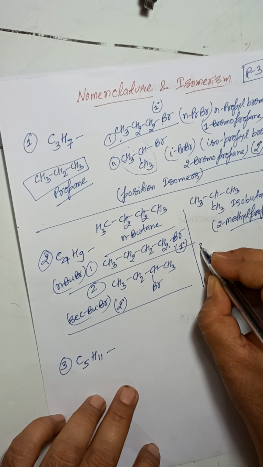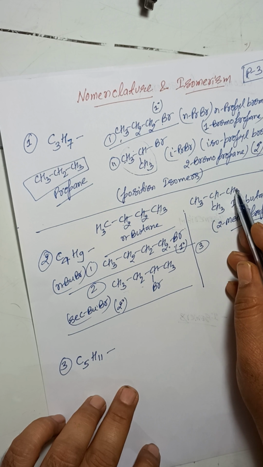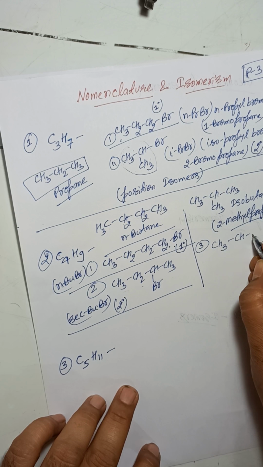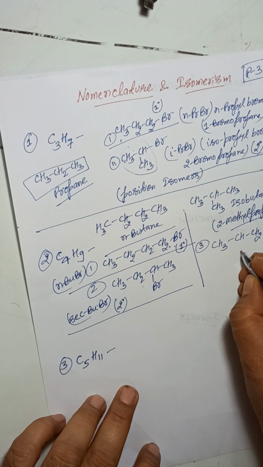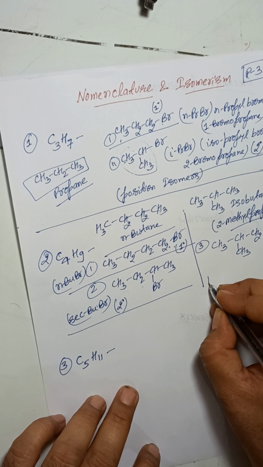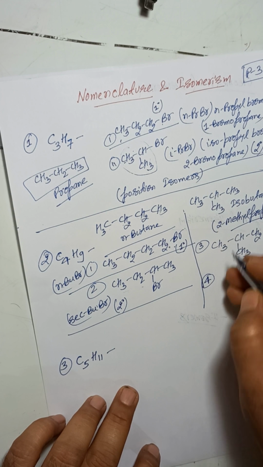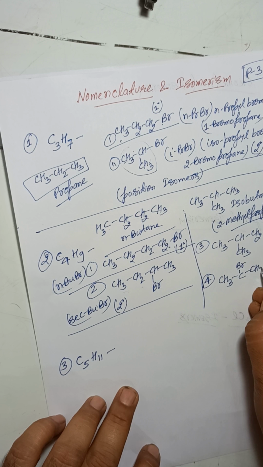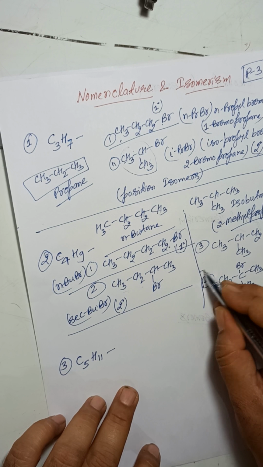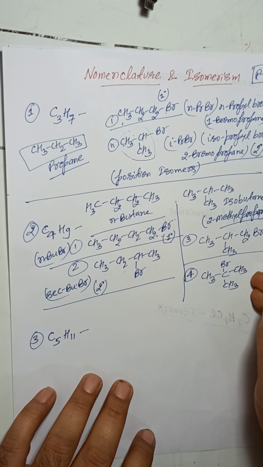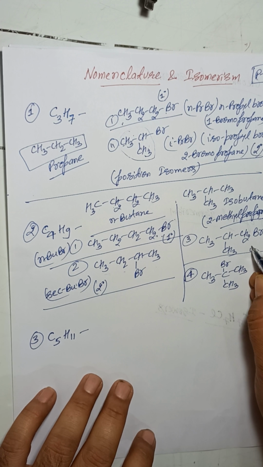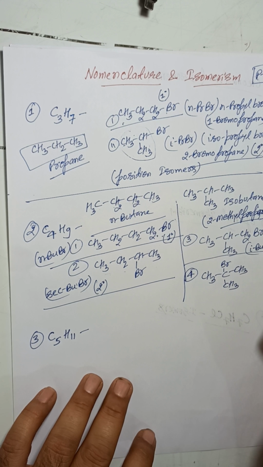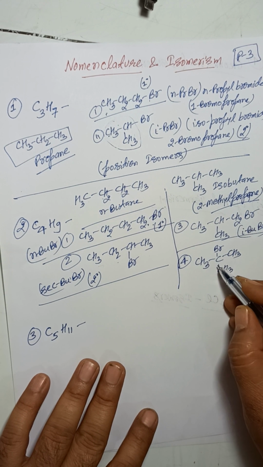Now we go for the third option. We can remove hydrogen from here. You can also remove hydrogen from this carbon. Yeah, this is iso, isobutyl bromide, CH3, CH, CH3. This is 3 degree.